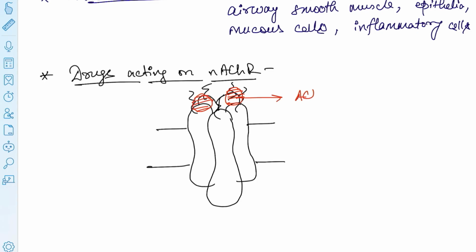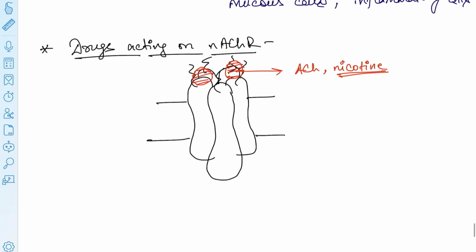The first drugs are obviously acetylcholine and nicotine. They bind there, and they are full activators, so they activate these nicotinic receptors, right? One thing to note is that nicotine is present in cigarette smoking as well as in vaping. Some of these nicotinic receptors are expressed in the dopaminergic neurons in the brain.